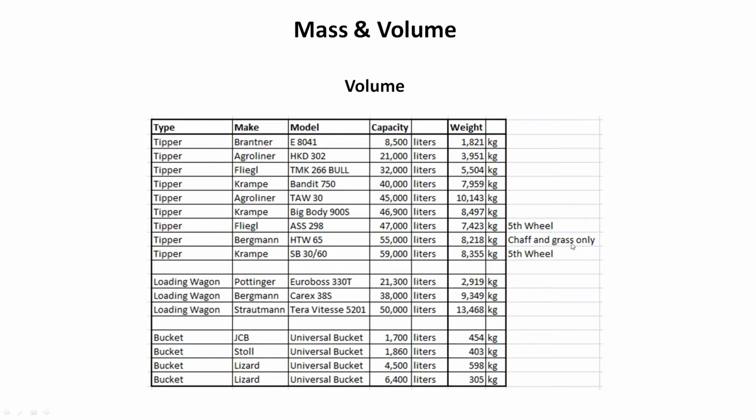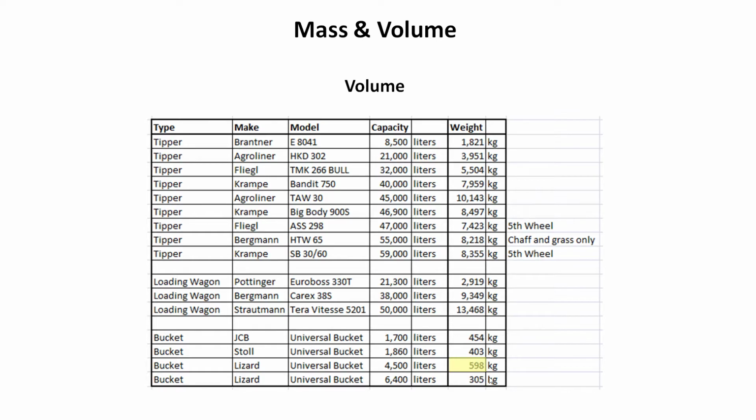I have managed to not put anything in it, but I'll get to that later. Loading wagons, Eurobos, Carrix, Terra, Vitesse, capacities. Buckets, there are 4 different buckets, especially if you get the JCB mod. 1700, 1860, 4500 liters, 6400 liters, and their associated weights.